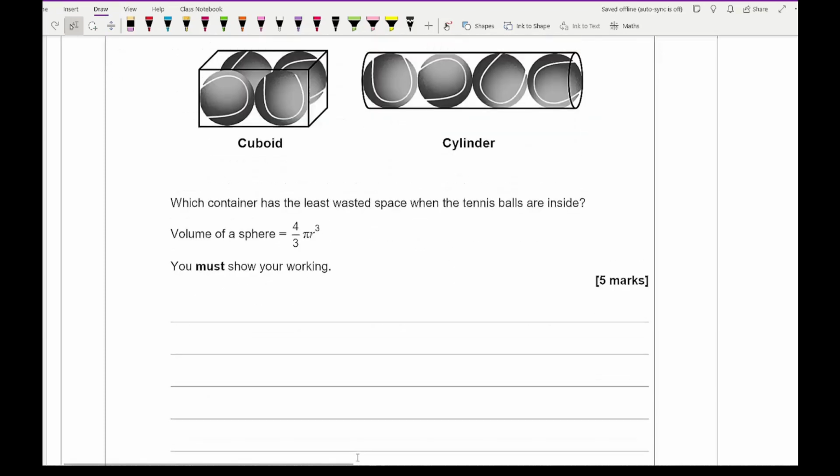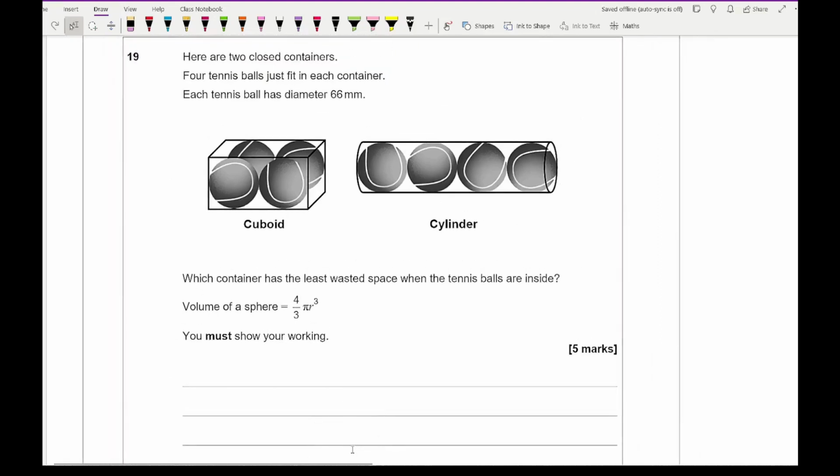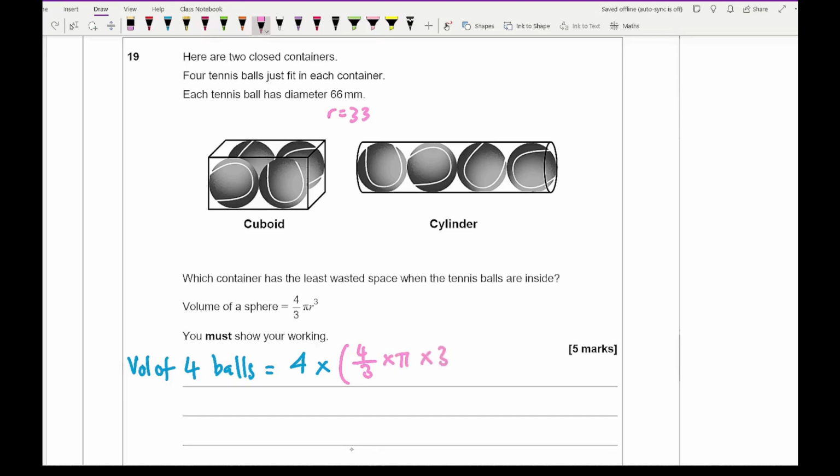So for this, first of all, let me zoom out so we can see it all on the screen. What I need to do is work out the volume of the 4 balls first, and that's going to be 4 lots of, and then substitute r equals 33, so it's going to be 4/3 times pi times 33 cubed.